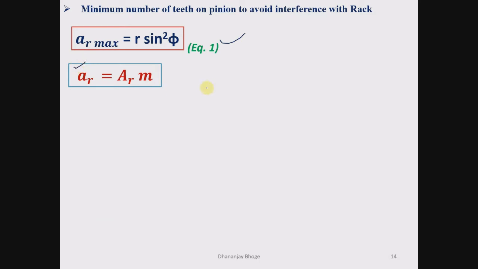Let us assume that we are designing the rack, and we select the addendum of the rack as AR. We know that addendum is always the addendum coefficient times the module. So I have written this equation, and you should also write it. Addendum of rack is equal to AR times the module, where AR is the addendum coefficient of rack.